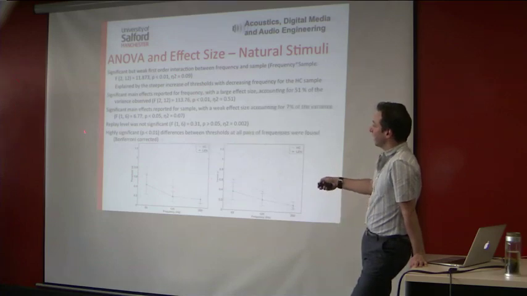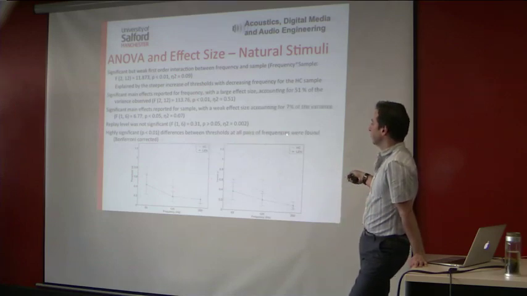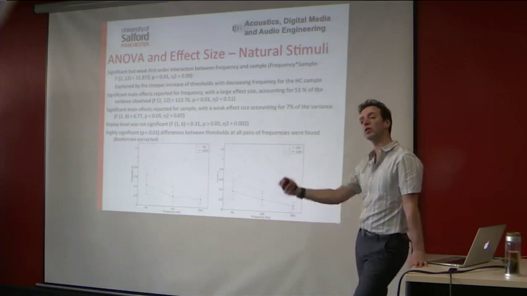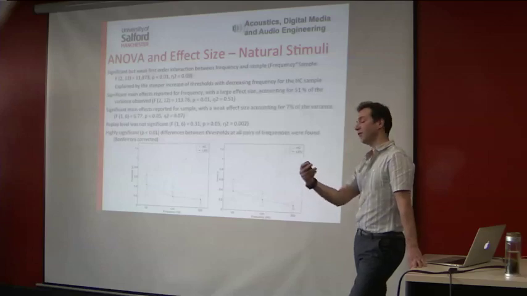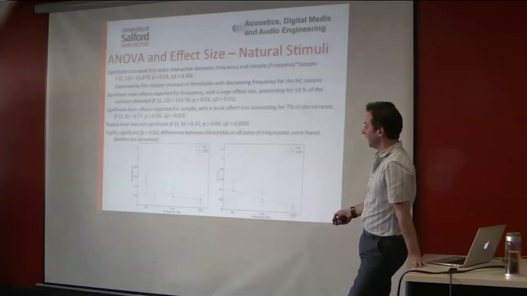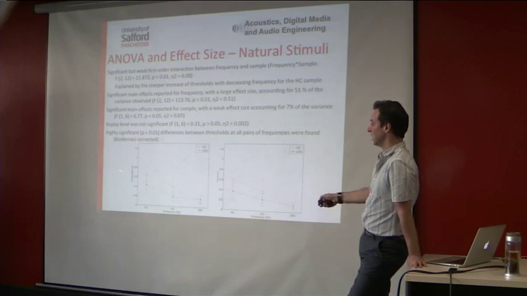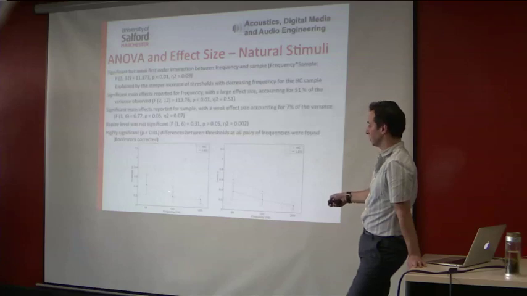And we have done a paired comparison between the frequencies, and it told us that there is indeed significant differences between each of them. So it's not the case that we found with the artificial stimuli. In this case, we're finding differences between each of these frequencies. So it kind of gives us a map of how people perceive the thresholds across this range of frequencies.